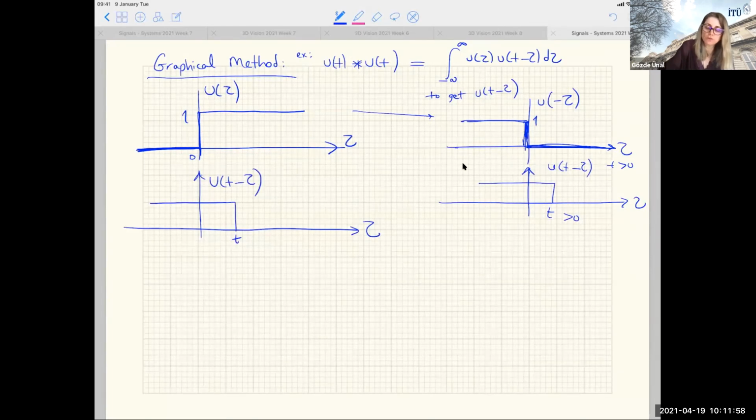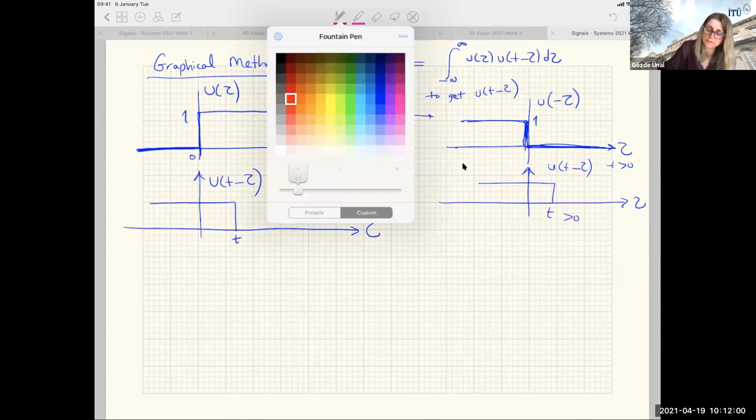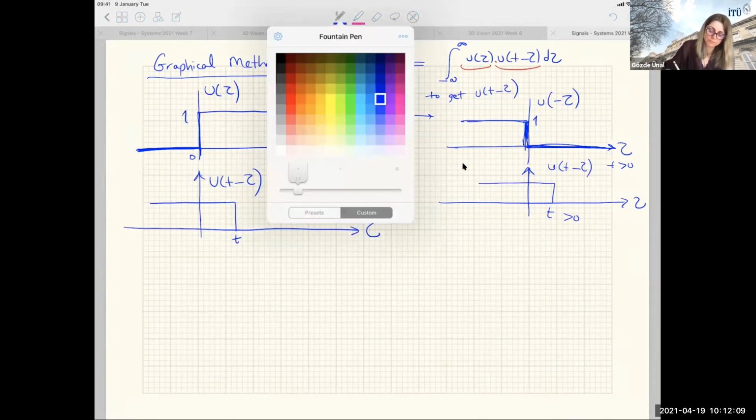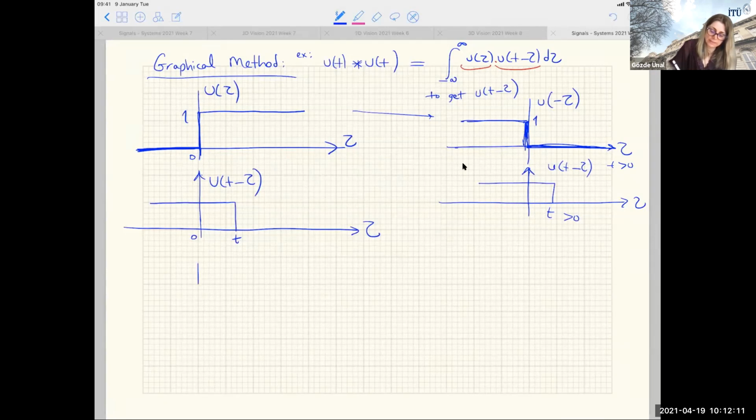Now the convolution integral tells me to multiply them, right? Multiply and integrate them out. So I will have now, let's write u of tau, u of t minus tau. So this guy will be really, where is it?